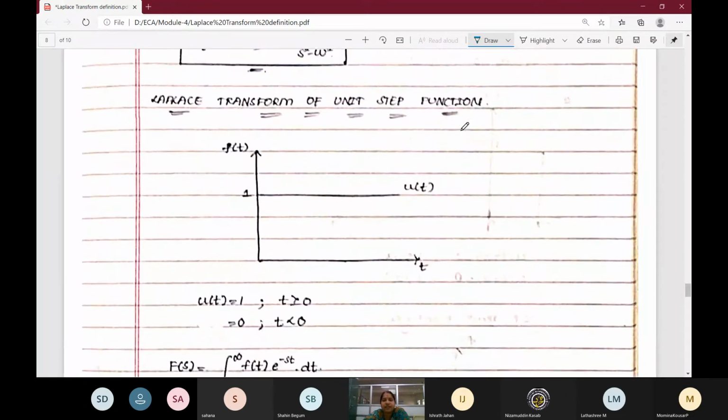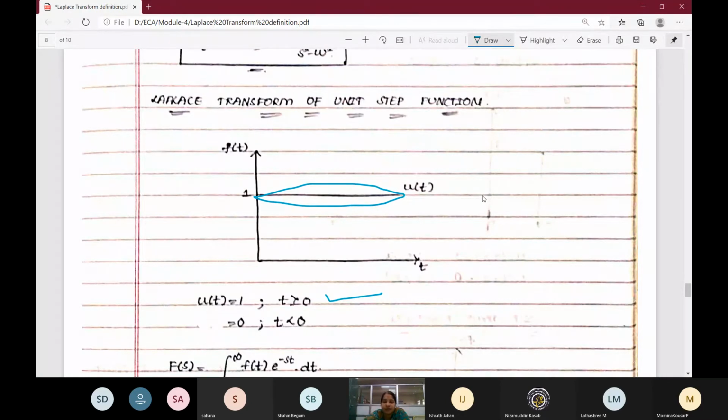Next, we'll see some functions: unit step function, ramp function, and their definitions. The unit step function will have a value 1 when time is greater than or equal to 0, always 1, just going on.